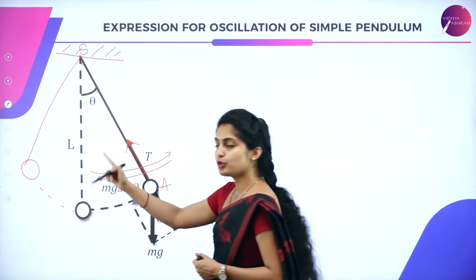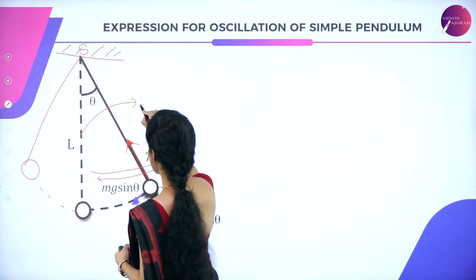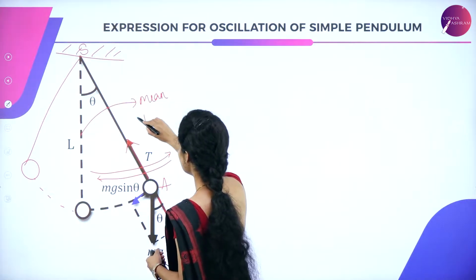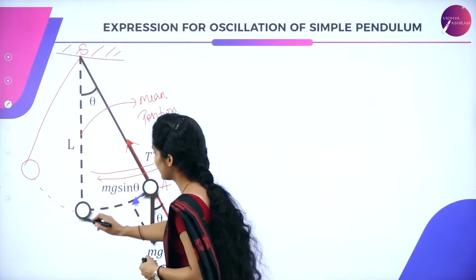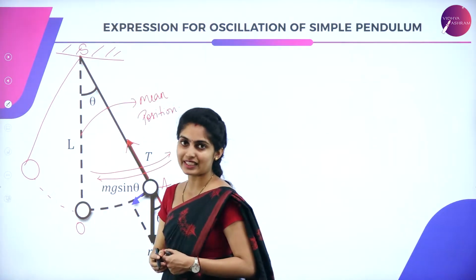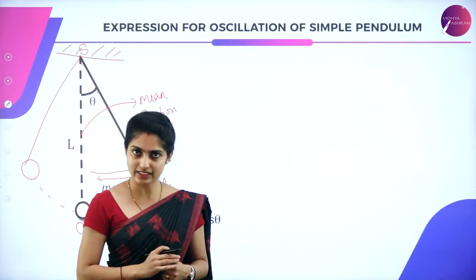So it is just moving to and fro, but this is the mean position. These dotted lines represent the mean position of the simple pendulum, where at this position the velocity is 0. That will be the origin from where exactly it starts.